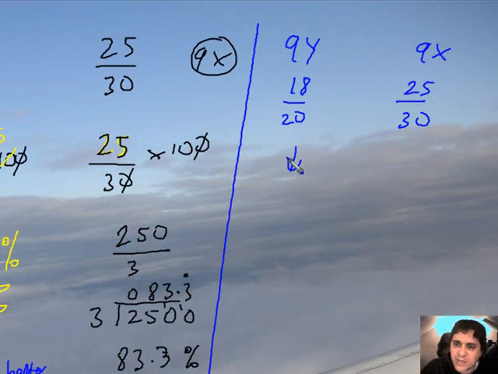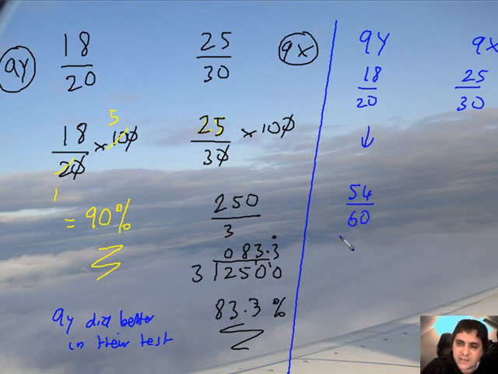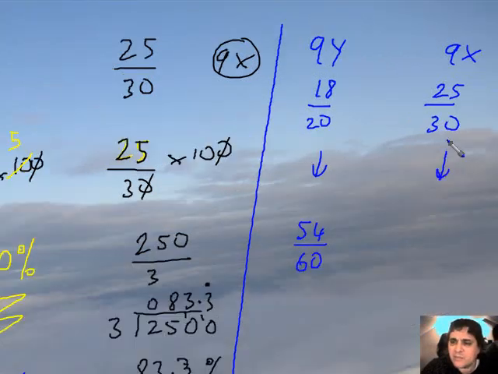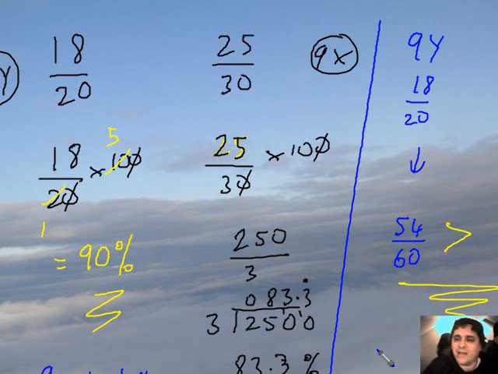If I multiply top and bottom by 3, I will get 54 over 60. If I multiply top and bottom by 2, I will get 50 over 60. And anyone can see, even me, that 54 over 60 is greater than 50 out of 60, which is a very elegant, neat way of proving that 9Y did do better than 9X.